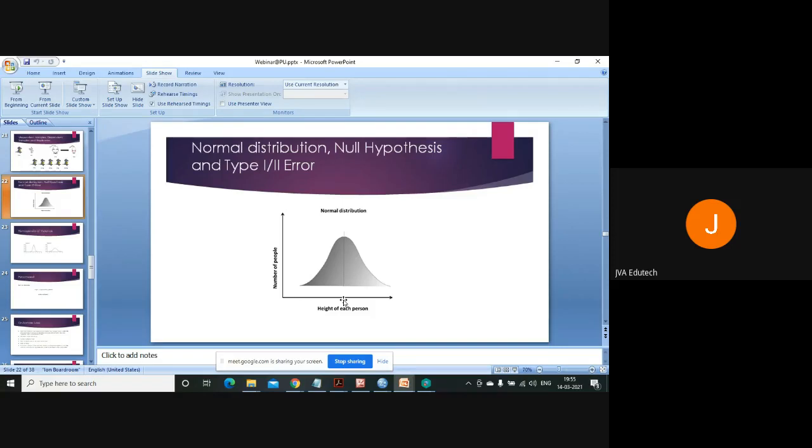If I want a normal distribution, it should have representation from all the groups. And how will this representation be plotted? In a perfect normal distribution, we will have very few people with low income, very few people with very high income, and many people with average income. So maximum people will have average income. That is the case of normal distribution.